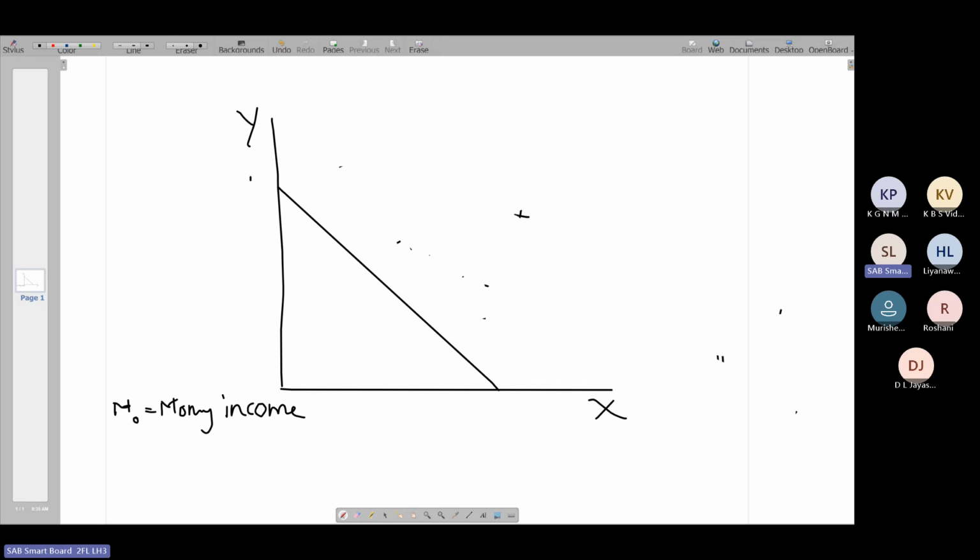If we take the extreme points, at this point M0 equals PY0 times the quantity of Y. This other point means M0 divided by PX0, the price of X. By combining those two points, we get the budget line.